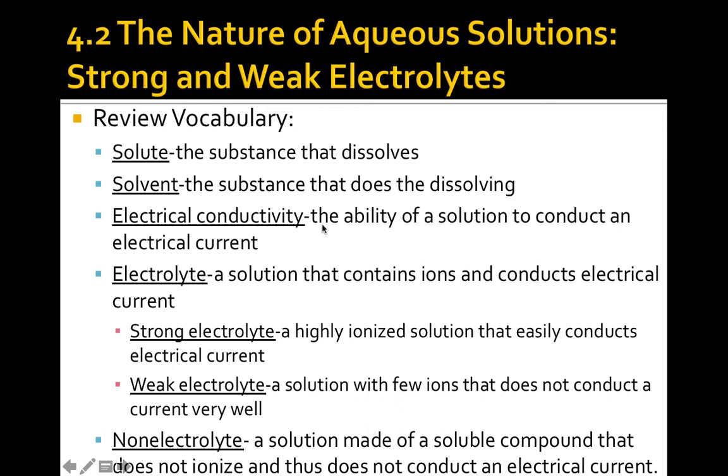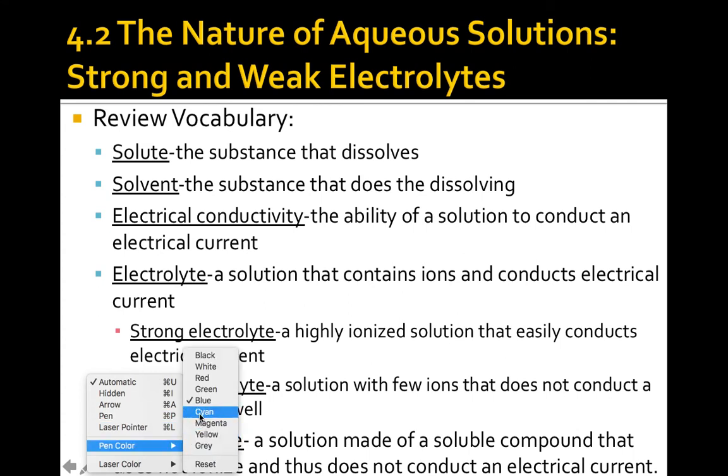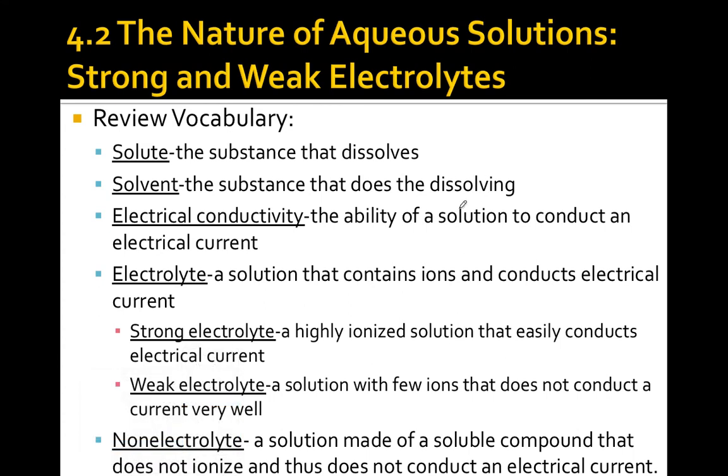So first off, a solute is a substance that is being dissolved, and the solvent is the substance that's doing the dissolving. We talked a lot about that last year. We talked about the Kool-Aid is the solute and the solvent is the water.